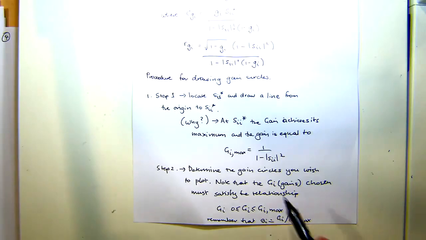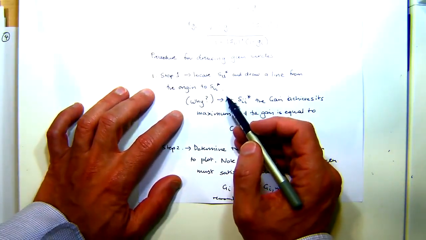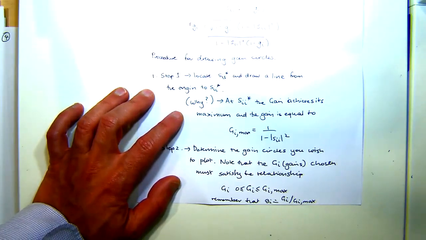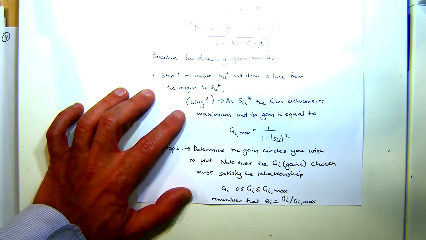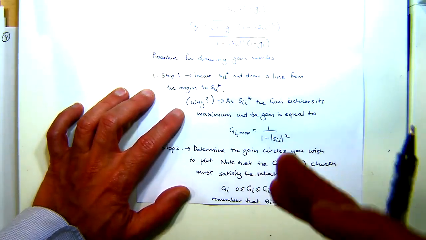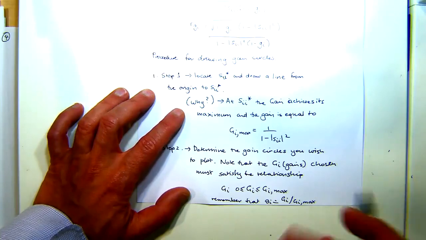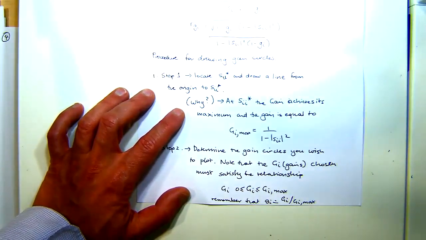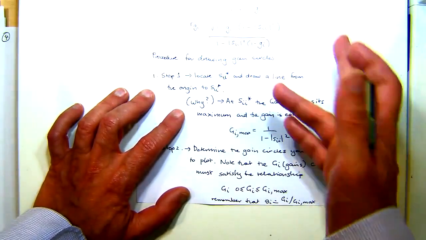The reason we look at SII conjugates, S11 if we're looking at the source or GS, S22 if we're looking at GL, is because we know the maximum gain for a stable system occurs when gamma I is equal to SII conjugate.